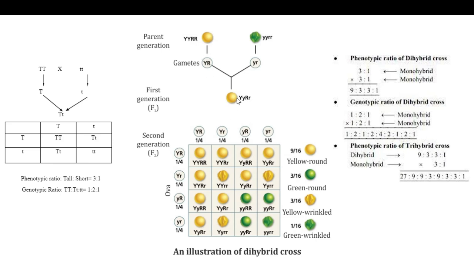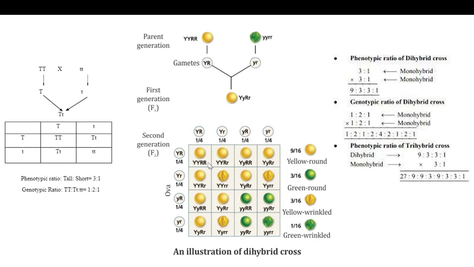Now, if you self-fertilize the F1 generation, that is a cross of capital Y small y, capital R small r, then again you write all these alleles in the vertical and horizontal columns, and create this Punnett square.